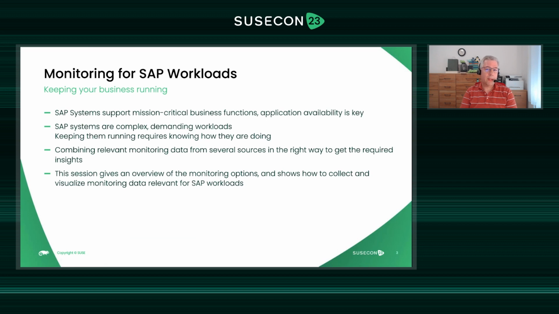Many companies now require 24/7 reliability for their SAP systems. SAP systems are complex, comprised of multiple components and relying on the OS and infrastructure to function reliably. In order to keep such a system running, intimate knowledge about the system itself and the underlying infrastructure is needed.